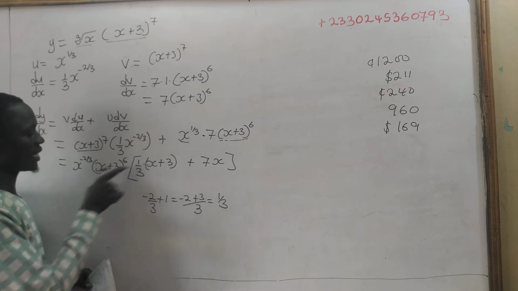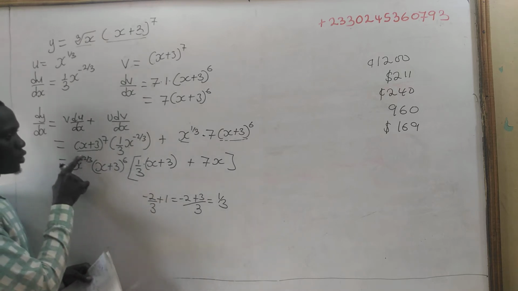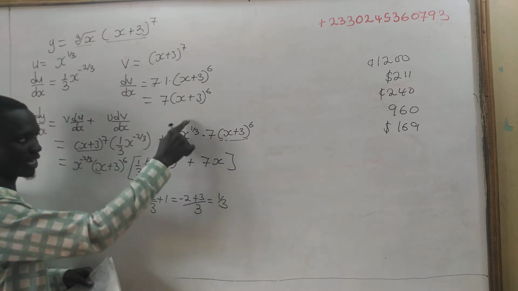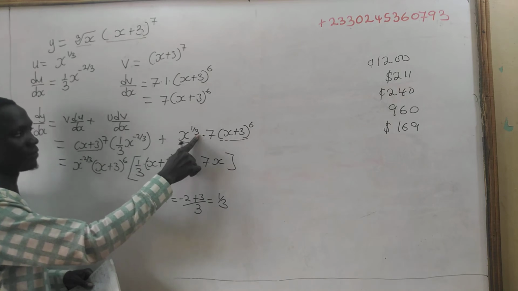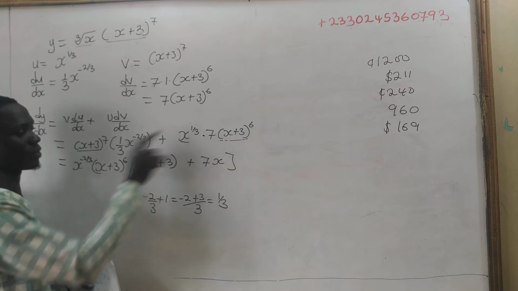So if you multiply x to the power negative 2 on 3 by x, you get x to the power 1 on 3. Very, very simple as that.